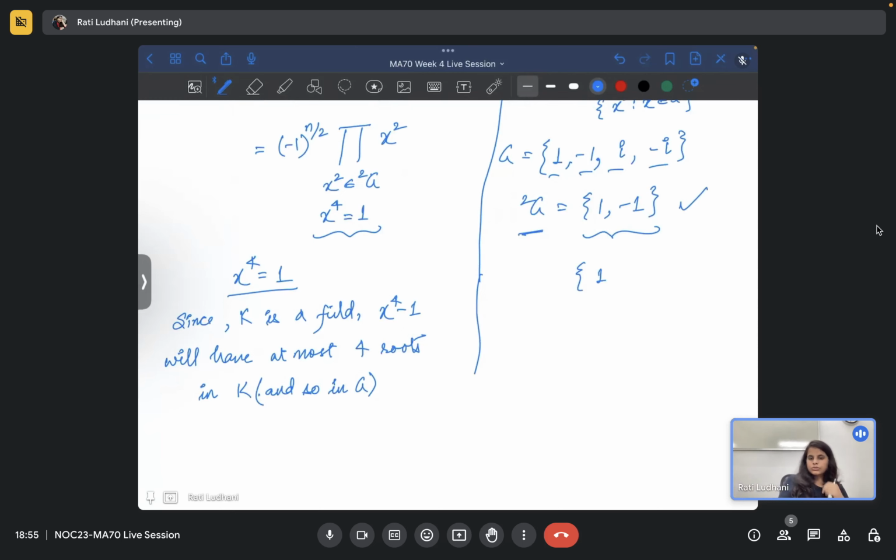We are not interested in 0, but that's okay. Right. So in G also we have just the condition that it can have at most 4 roots.